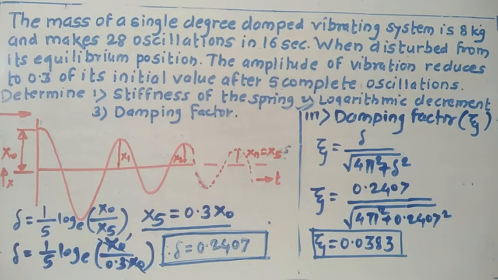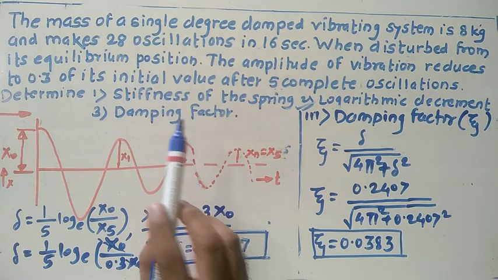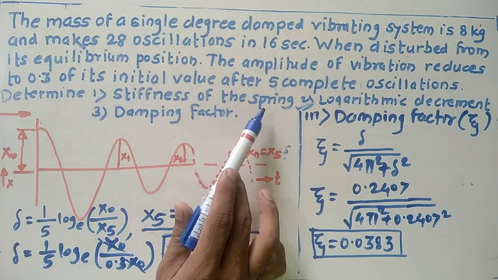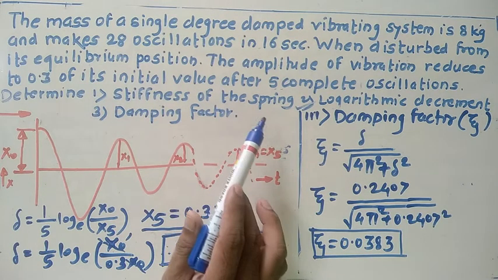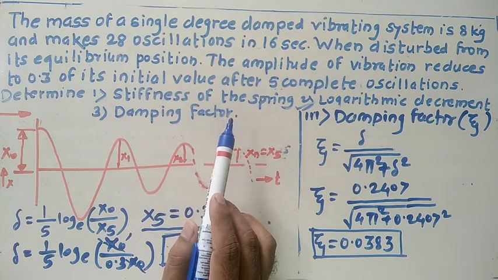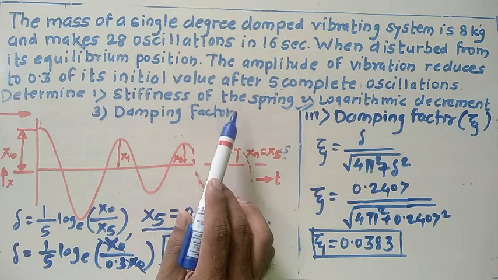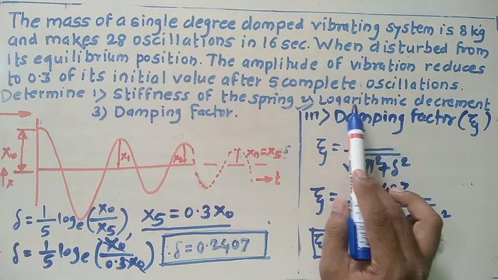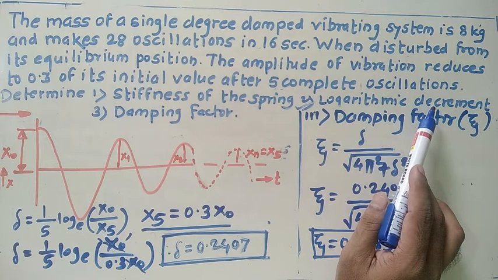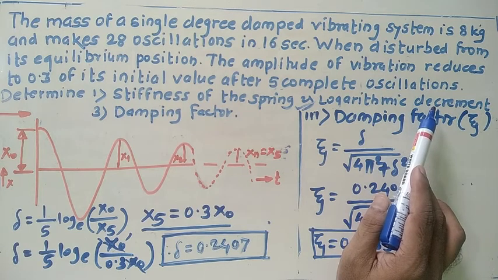I hope this concept is clear to you. Let me say once again the steps to solve this problem. First, get the stiffness of the spring with the help of the natural frequency relation, omega n equals square root of k by m. Then for the logarithmic decrement, we know delta equals 1 upon n log to the base e of x naught divided by xn.